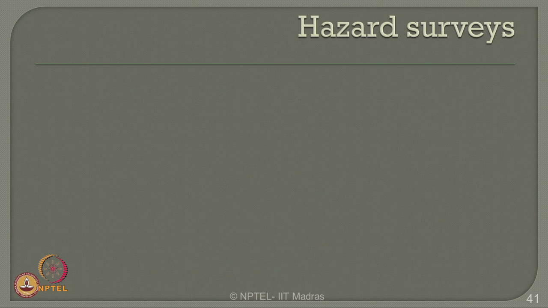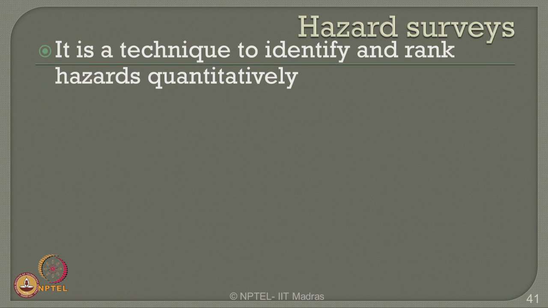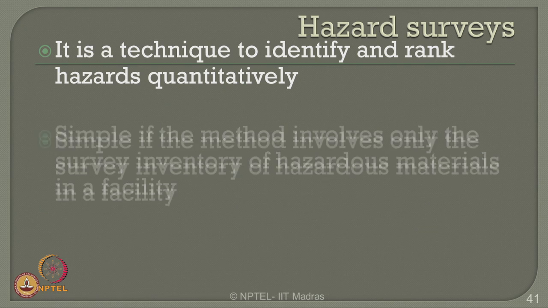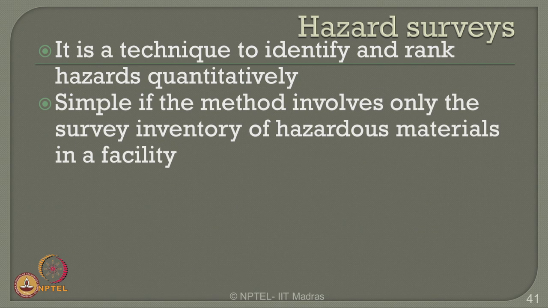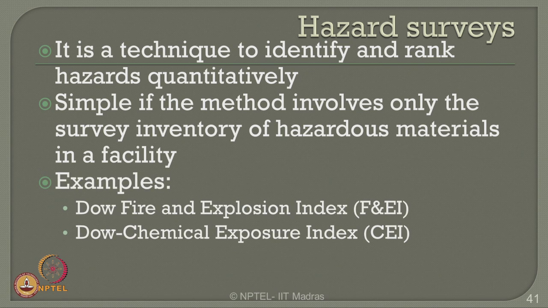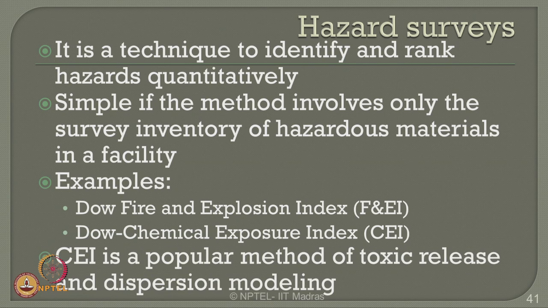One can also conduct hazard surveys, which is essentially a technique to identify and rank the hazards quantitatively. It is simple if the method involves only the survey inventory of hazardous materials in a given facility. Examples: DOE Fire and Explosion Index and DOE Chemical Exposure Index, which is called CEI, which we will discuss in detail from the next lecture onwards.